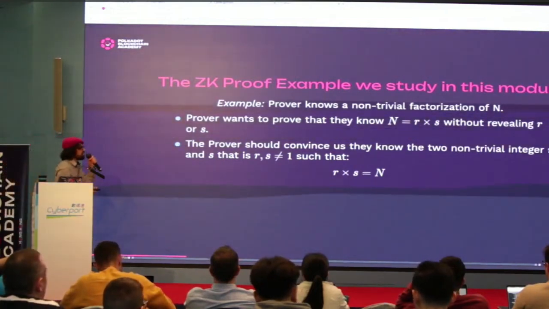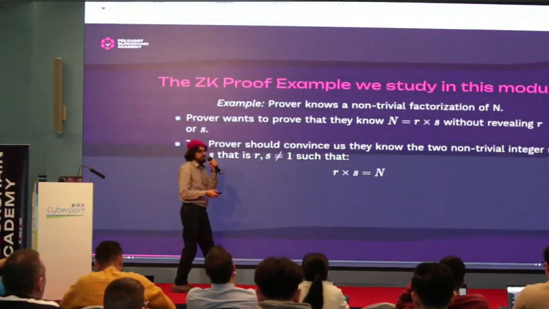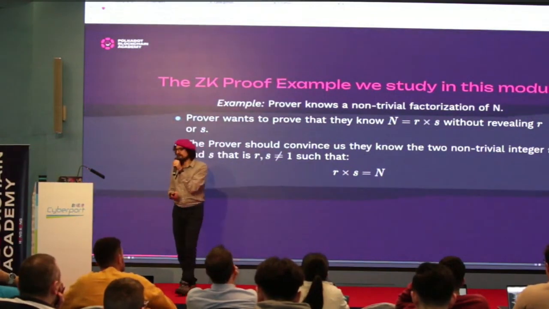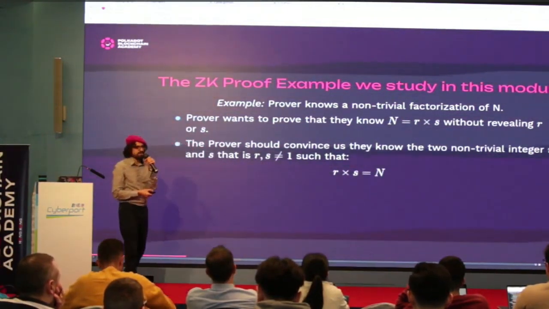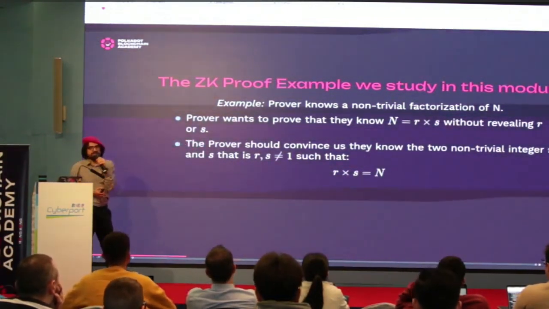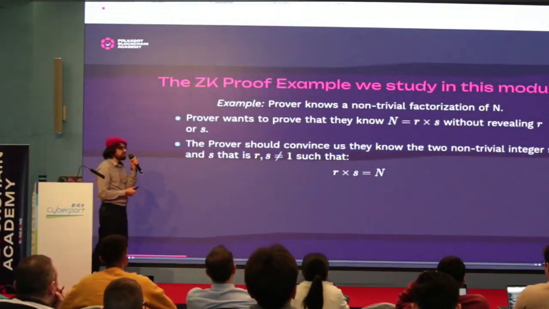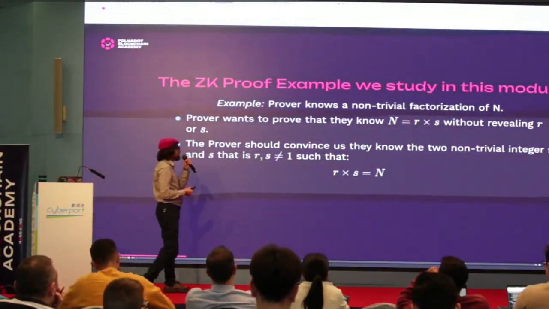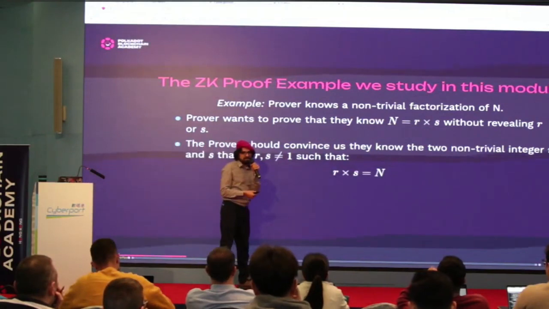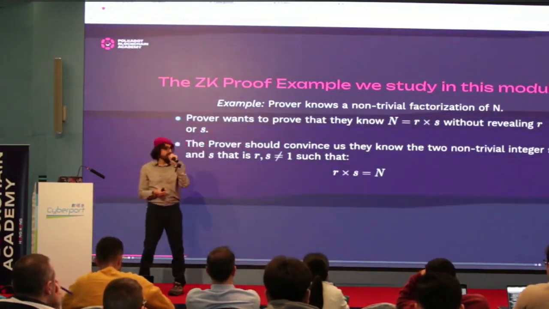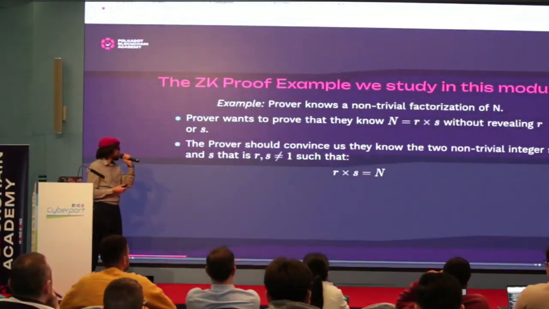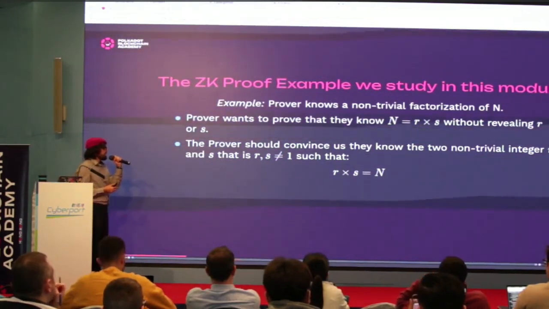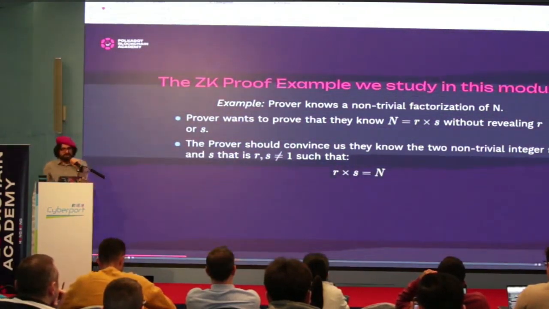So one factorization is n equals n times 1. And because you don't know what r and s are, if they don't reveal anything, then they can trick you into that. So in addition to proving that r times s is n, they also need to prove that r and s, none of them are trivial.